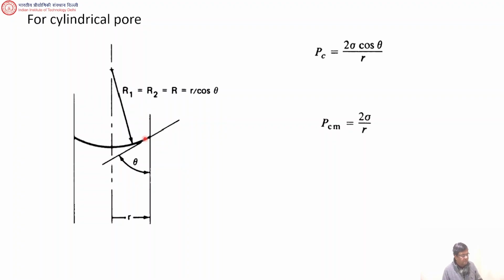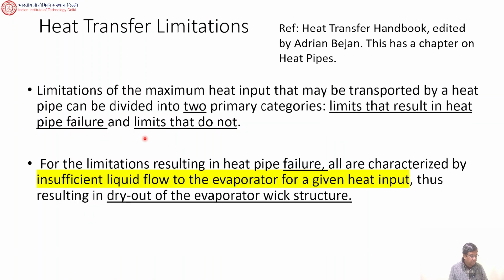Now up to this we had covered, and now we'll go to something known as heat transfer limitations. So when talking about heat pipes, there are some limitations. You cannot operate without constraints.